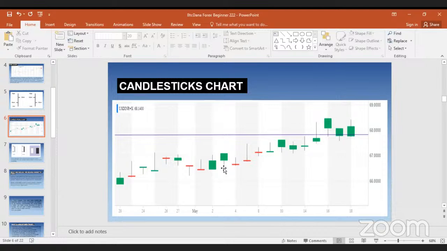So when you see a candlestick, what I want you to take note of is that the stick is called the shadow in forex. Then the body part, you see some candles that are actually filled up. They have no stick, they have no shadow.